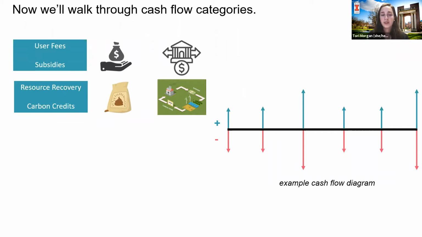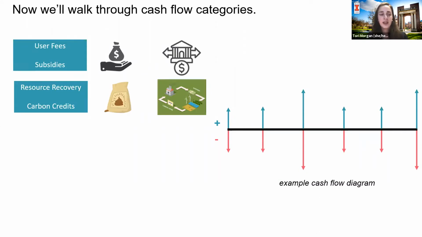You can also invest in recovering resources, renewable energy, or planting trees, and that will create carbon offsets that will help you gain carbon credits. We don't talk about that in our specific example, but that is something I just briefly wanted to touch on.